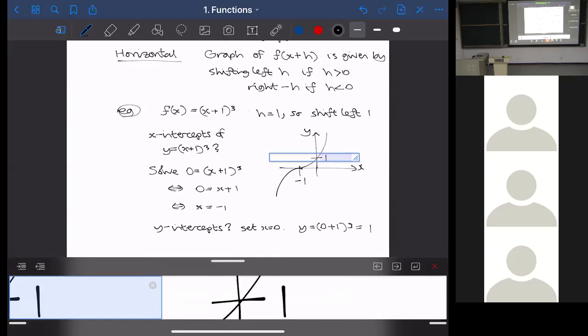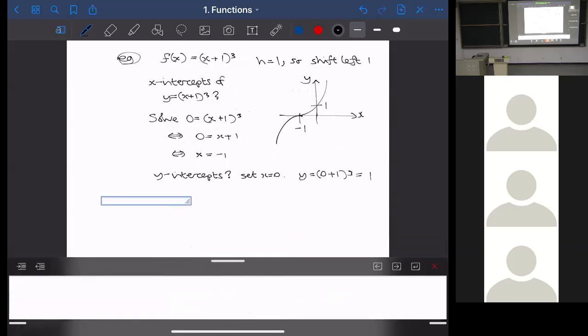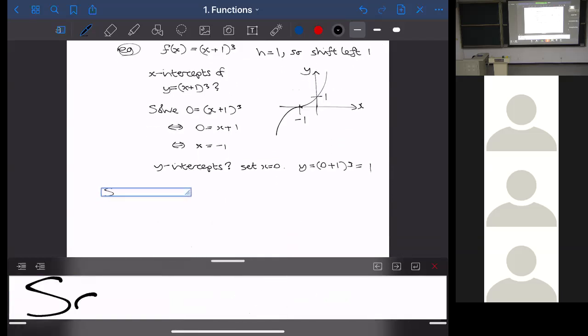So another way that graphs are related is by scaling.